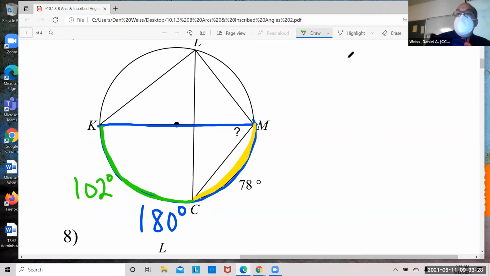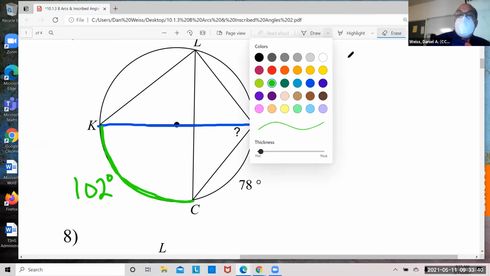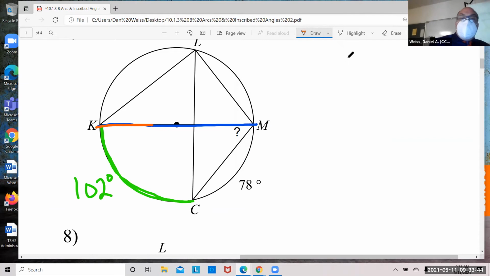All right. Getting rid of this. Okay. And all I want is to know the measure of this angle right here.